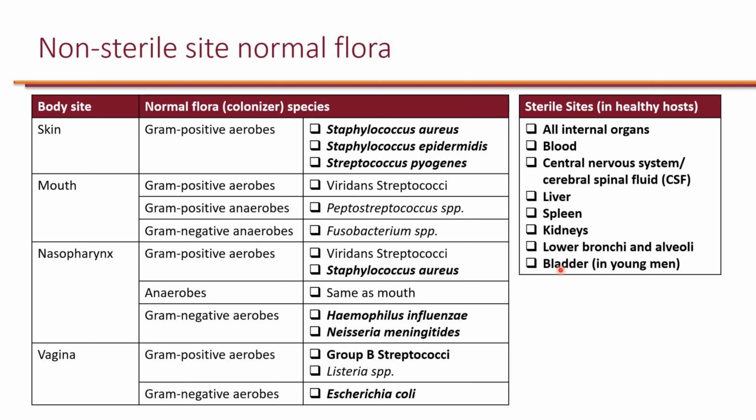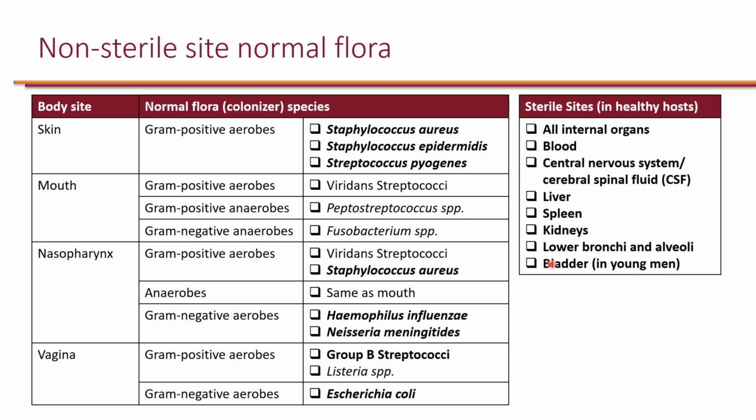In women, given the anatomical differences between men and women, it's common that the bladder will be colonized. And women, as they get older, also see the percentage of colonization go up. And anybody who has a urinary catheter almost certainly has colonization of the bladder.